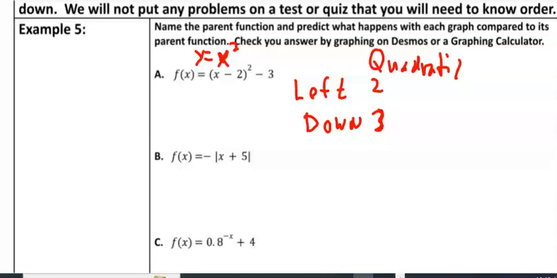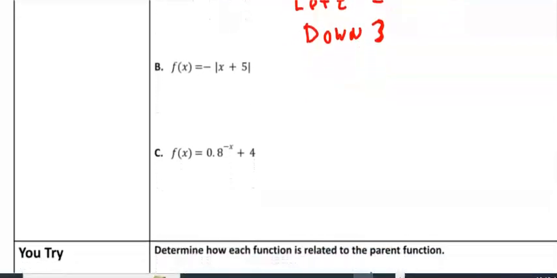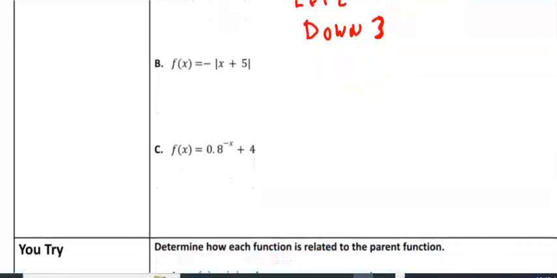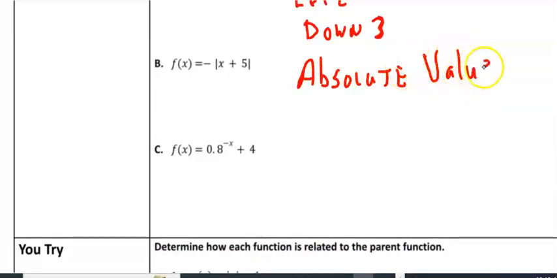Okay, the next one. This one here is a what function? Some of you guys didn't do much studying last night. Absolute value function, right? Correct? So, what are we going to do first on this one here? Negative's out in front, right? Everything on the outside deals with the what? The y.